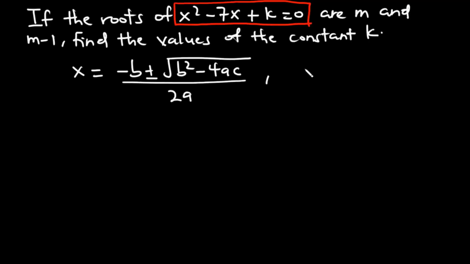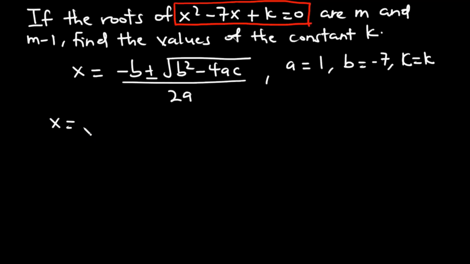From the equation, a is equal to 1, b is equal to negative 7, and c is equal to k. Now let's plug the values of a, b, and c into this equation.